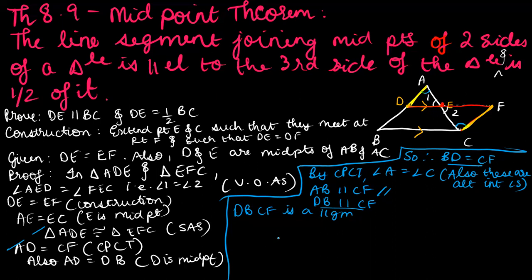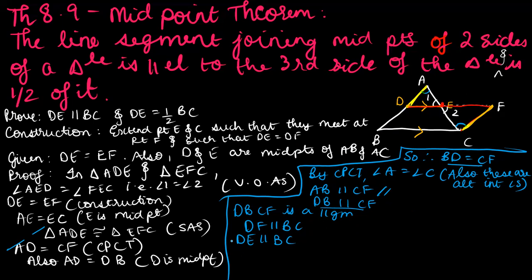Now, since DBCF is a parallelogram, DF is parallel to BC. And also I can say that DE is parallel to BC, because E is the midpoint of DF, since DE is equal to EF.